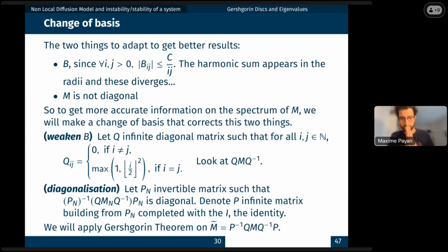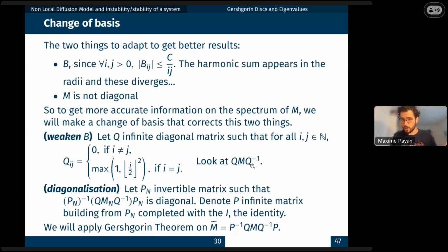I see. So M is essentially from your Fourier basis. Q is somehow to make your sum of terms finite. It's weird because Q is an infinite matrix with terms going to infinity, but because we just make a change of basis by Q and Q minus one, this problem completely disappears.